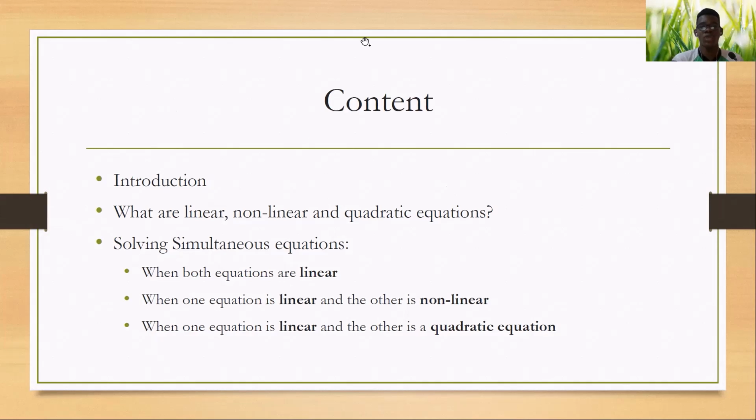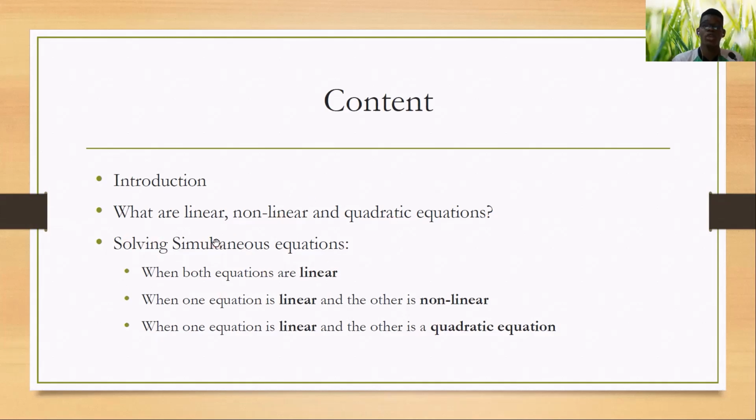The reason I'm doing all of this is to bring you back to basics before I bring you forward. So I'm going to go back through what linear, nonlinear, and quadratic equations are, even though you should know this.